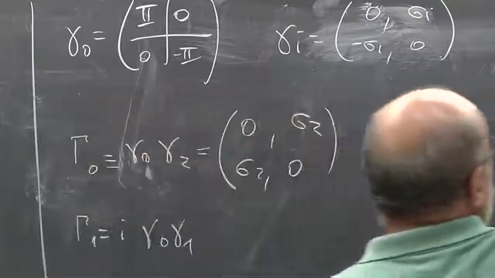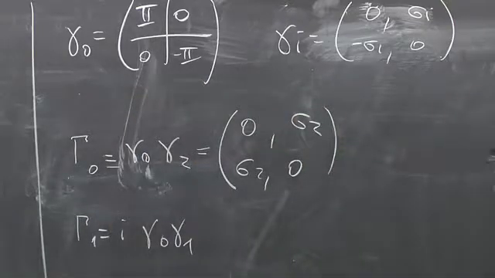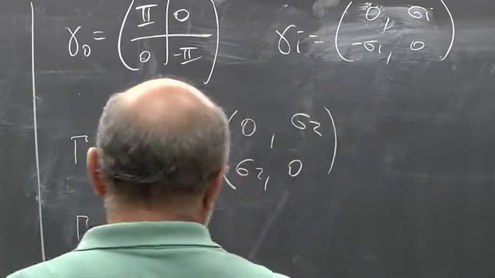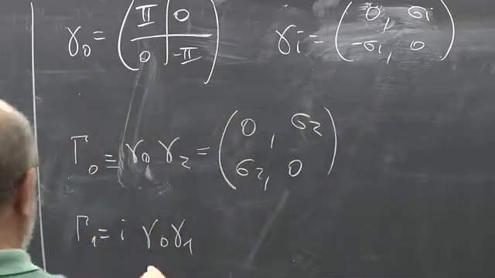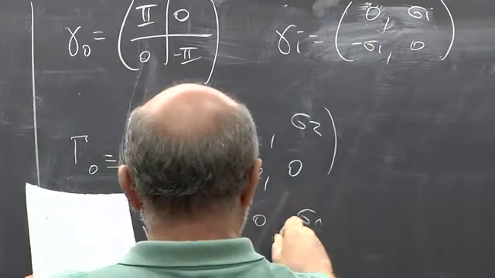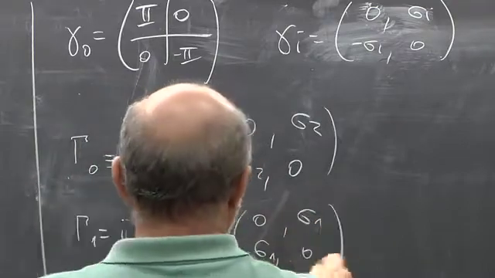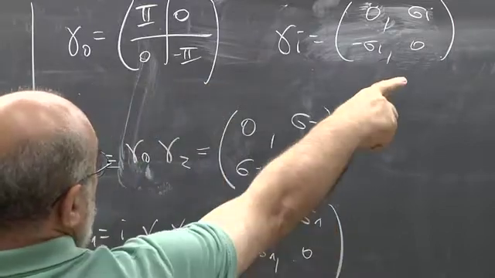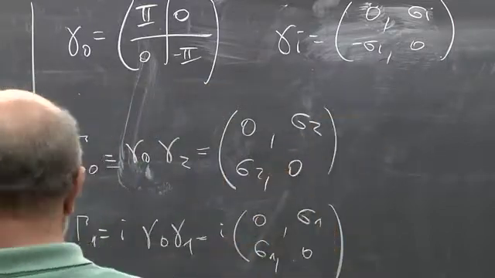The sigma 2 is purely imaginary. The gamma 1 is defined in this manner, and is i, 0, sigma 1, 0. It is also purely imaginary because sigma 1 has that form, but there is an i involved.